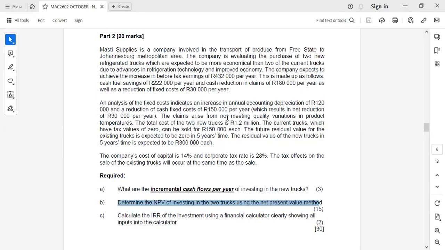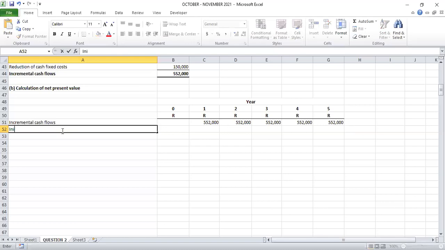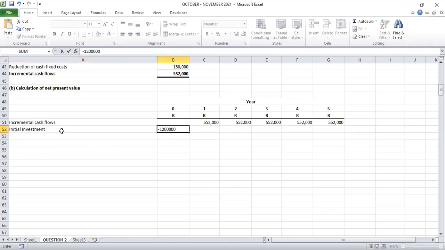Then we have the claims arising from not meeting quality. I think I've read all this up to here, so we'll start from here. The total cost of the 2 new trucks is 1.2 million, so the initial investment is 1.2 million. And it's negative because they will be pumping out money.